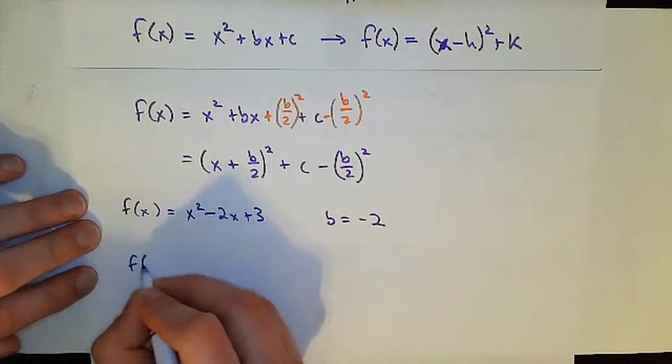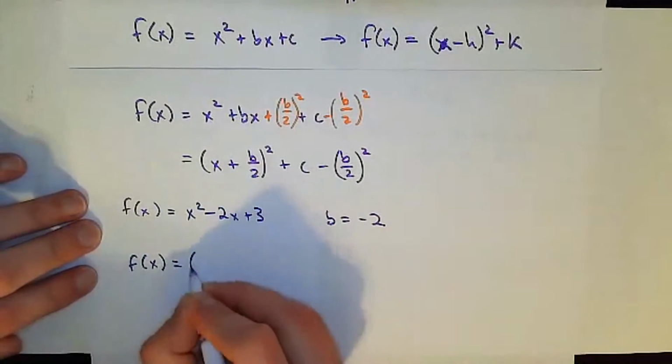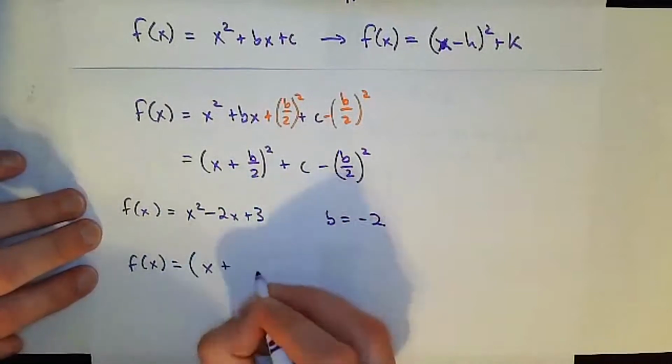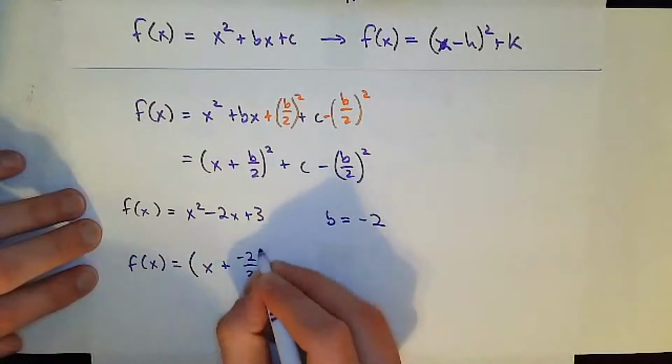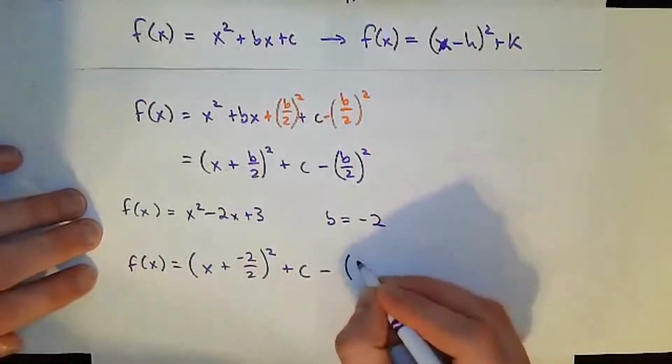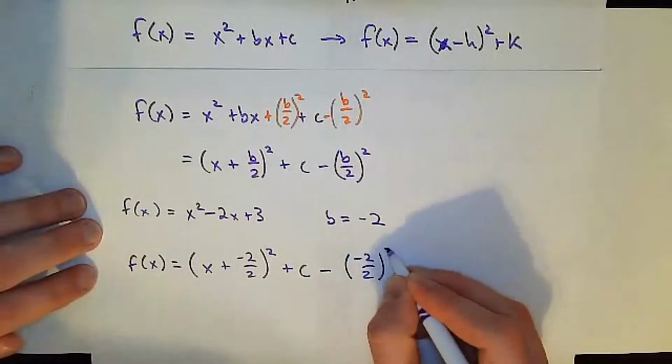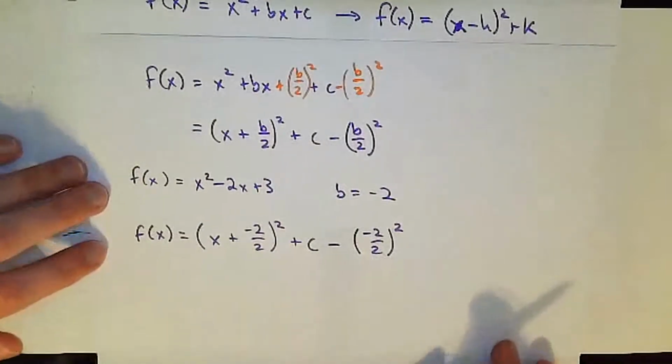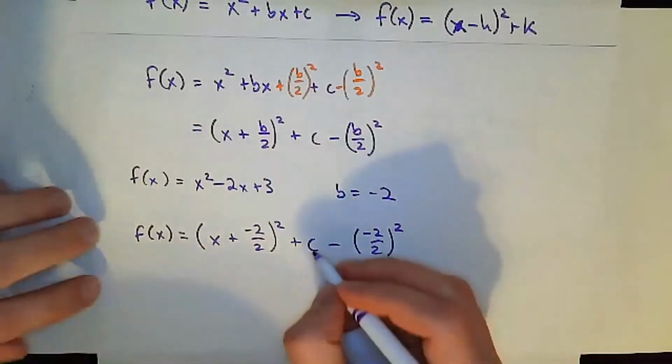So I should have f of x equal to x plus -2 over 2 all squared plus c minus -2 over 2, that term squared. Oh, sorry, c is 3. Dang it.